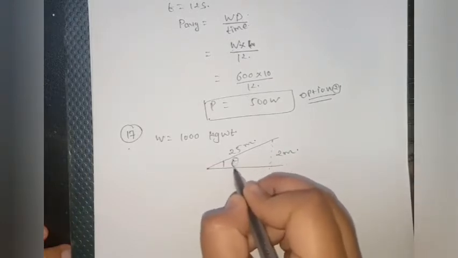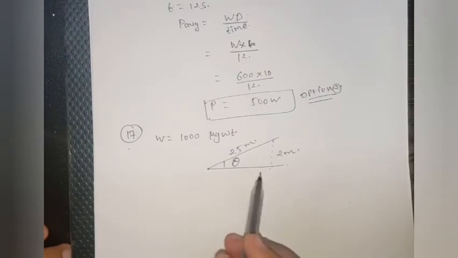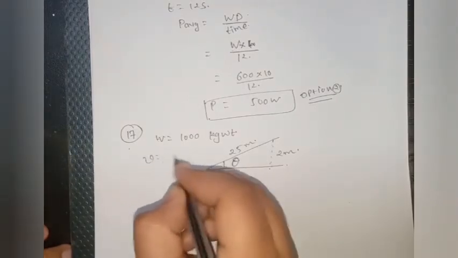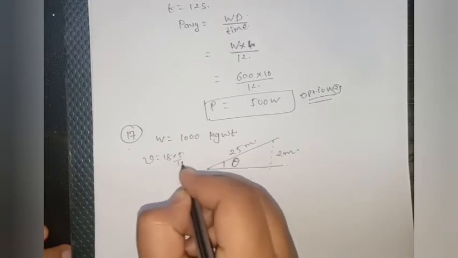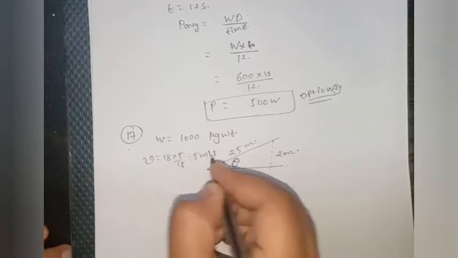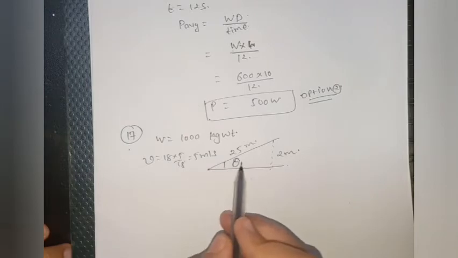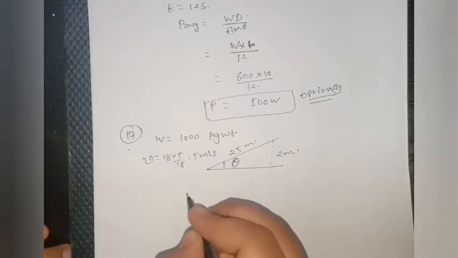Let's say this angle is theta. At a speed of 18 km per hour, that means v is equal to 18 into 5 by 18, that is 5 meter per second. We want to find the power of its engine.